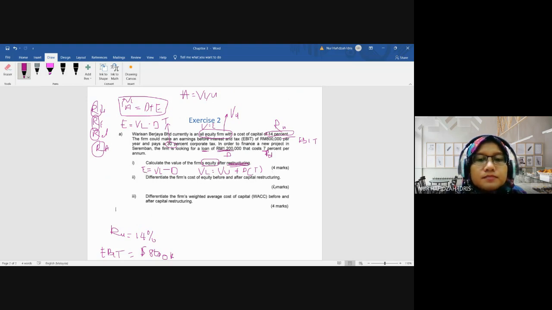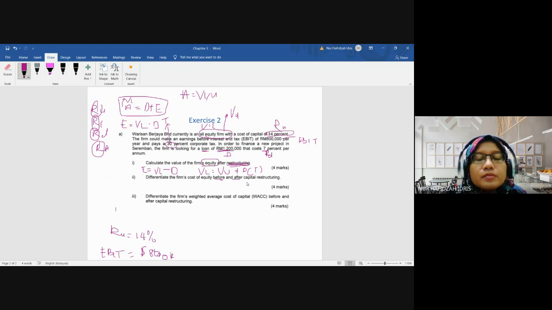Differentiate the firm's cost of equity before and after capital structuring. So the cost of equity before and after.